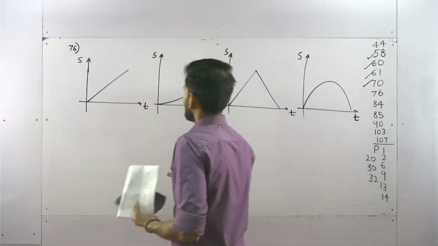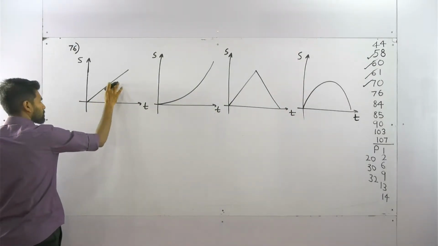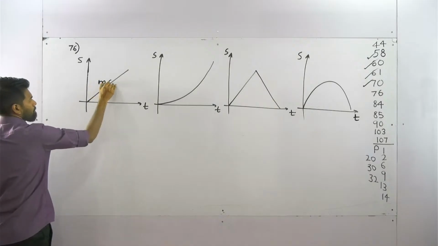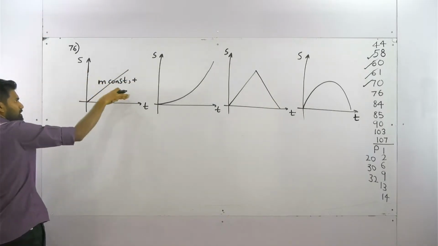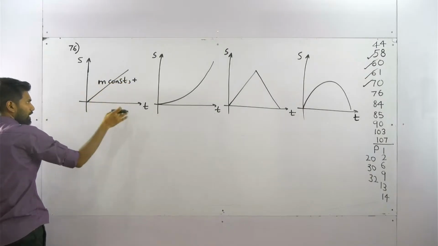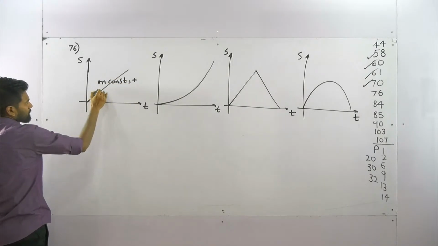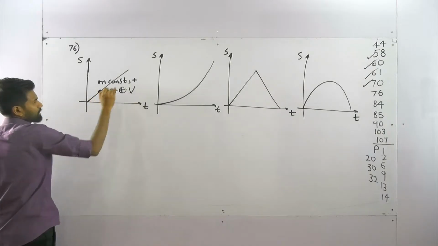Let's see. Here it's a constant gradient and gradient is positive. Displacement time graph, the gradient gives you the velocity. So it's a constant positive velocity.